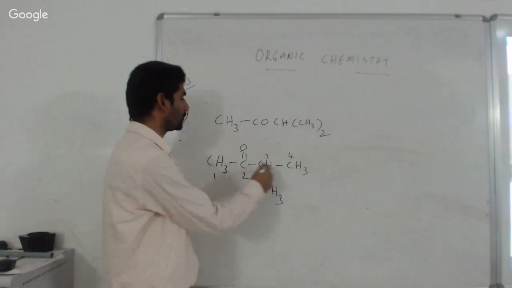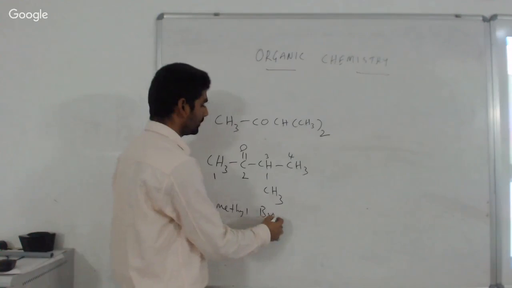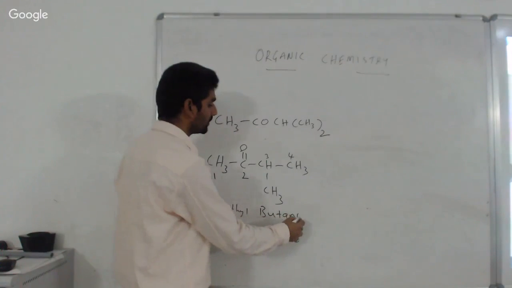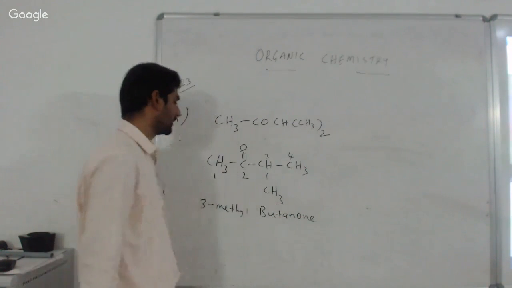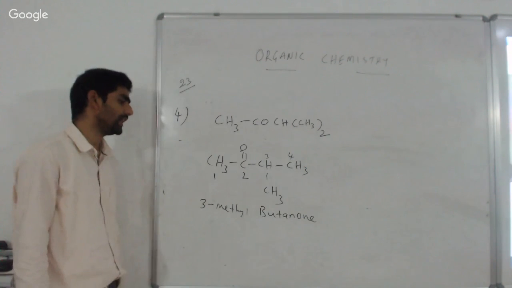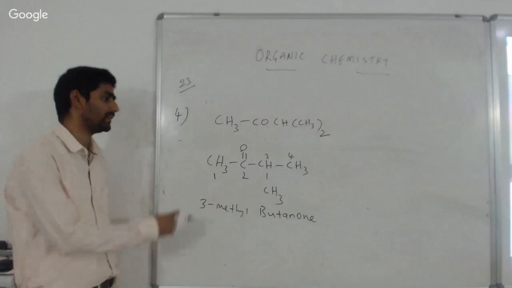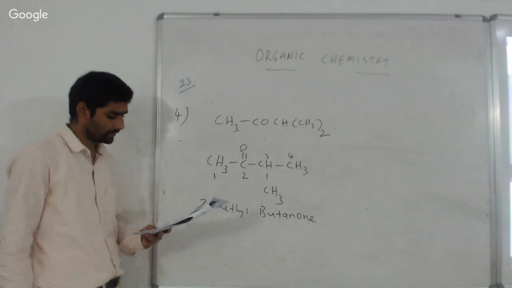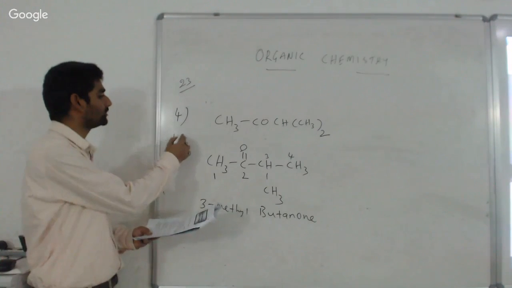It is a ketone, so the suffix is -one: butanone. 3-methylbutanone is the IUPAC name of this compound. The answer to the fourth question is B.